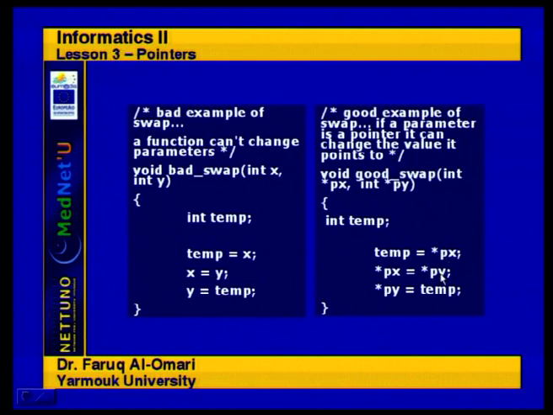Then after that, go physically to the memory at this address pointed by py, get it and place it in the memory location pointed by px. So I'm physically working on the memory here and not just on the variables themselves. All right, so by now, at this stage, the memory pointed by px contains the data which was contained at py. And then after that, I'm going to take this saved copy of whatever was contained in px and put it in the memory pointed by py.